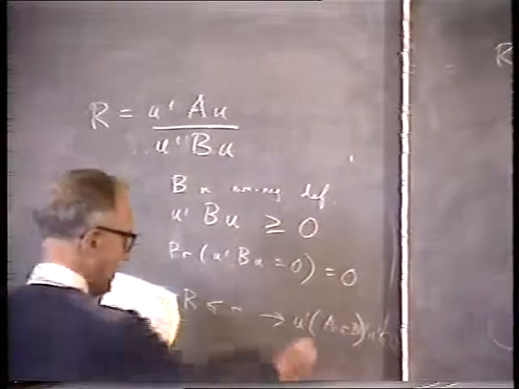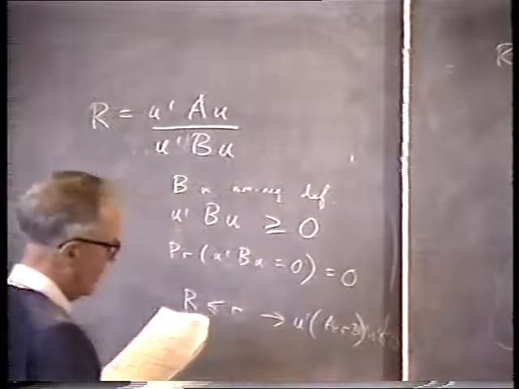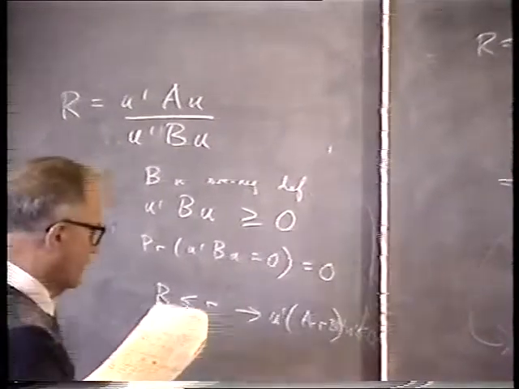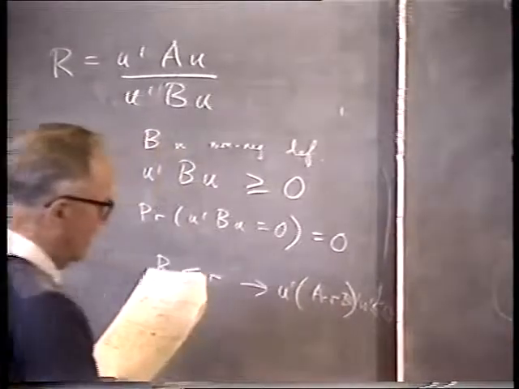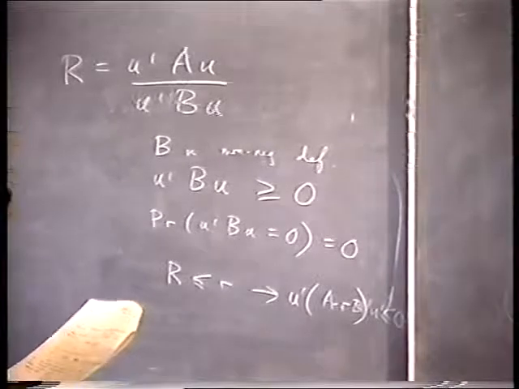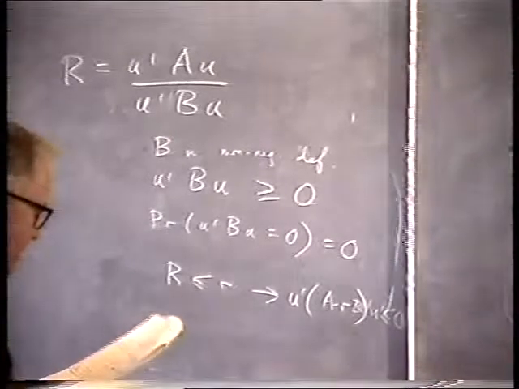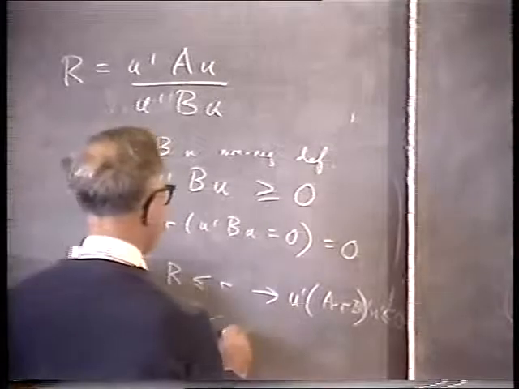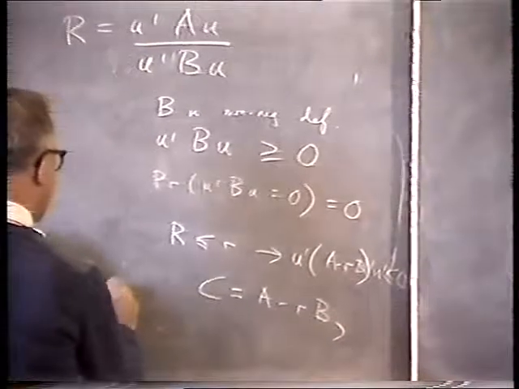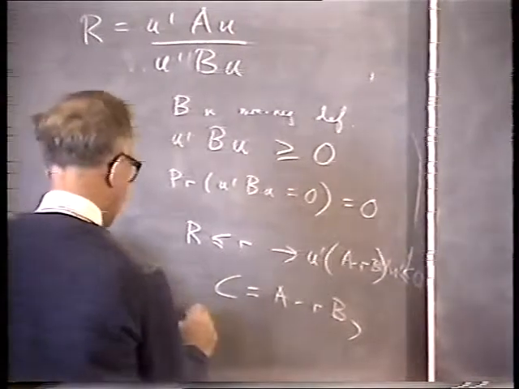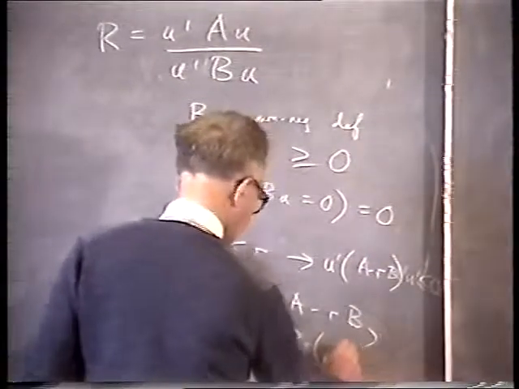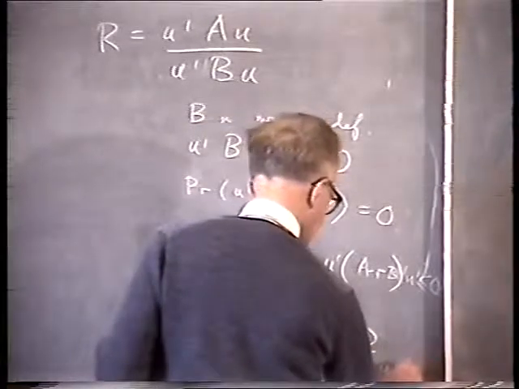And so we approach the matter by saying, okay, we've got a given value of R, we simply take the matrix A minus RB and we look for the probability that C, which is defined as A minus RB, the probability that r is less than or equal to R is equal to the probability that u prime C u is less than or equal to 0.